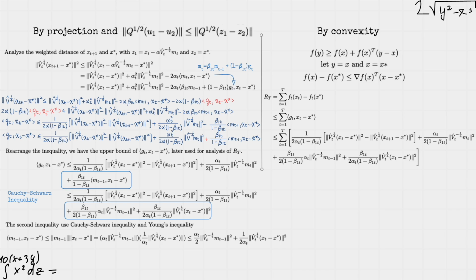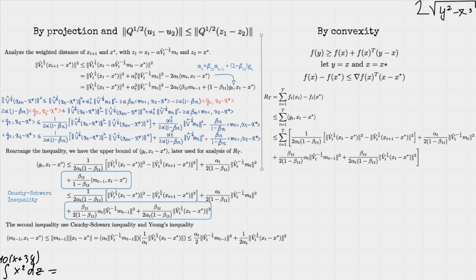Let us consider the inequality we have from lemma 1, and since xt plus 1 is projected back onto the feasible set, let xt plus 1 be u1, and z1 is xt minus alpha over the square root of vt times mt, which is the updated point before projection.